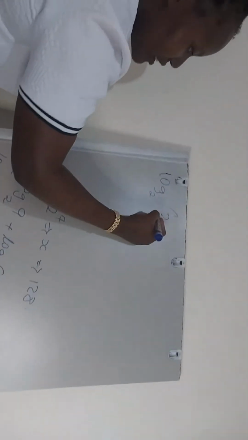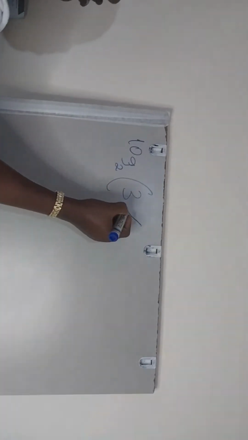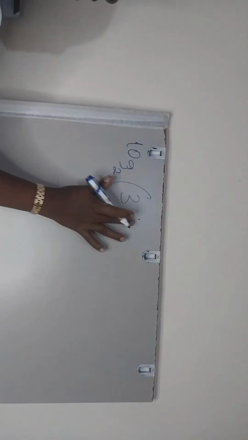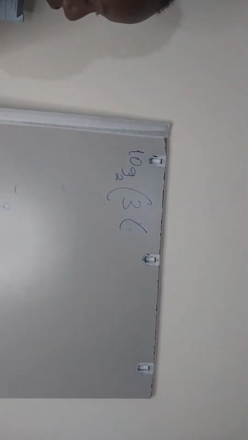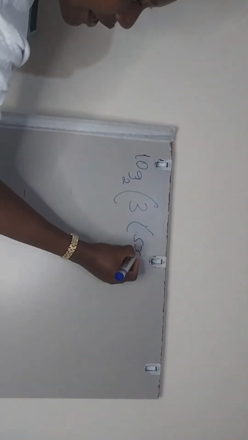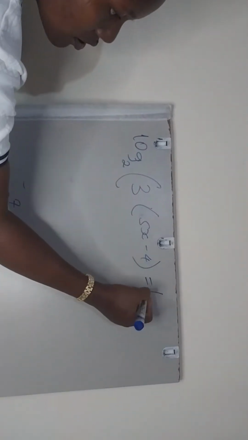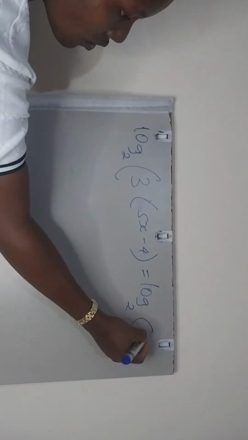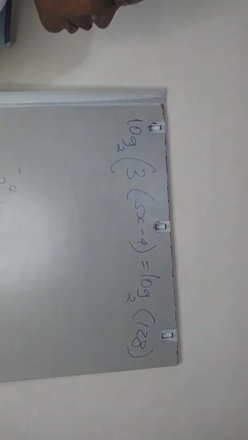The first number is 3. Plus in log notation represents multiplication. So we multiply it by the 5x minus 4 is equals to log 2 base 2 of what? 128. You can choose to cancel these logs so that it can remain as something doable.